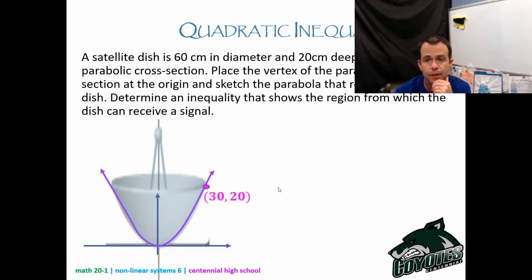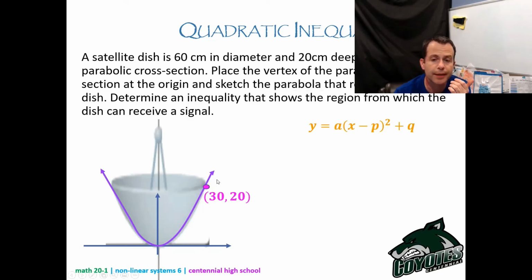Now I need to build an equation so that I can then figure out an inequality. My inequality is going to be y is greater than whatever my equation is, because it's everything in here that will receive the signal. So we're going to use y equals a(x minus p) squared plus q. My p and q are 0 here.